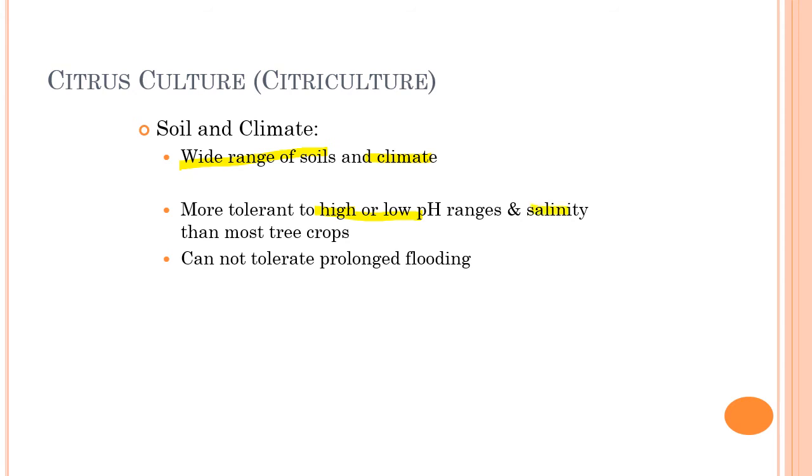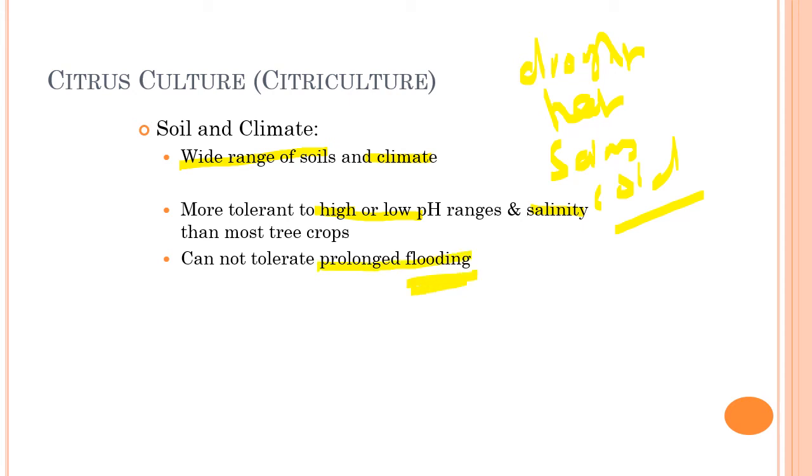They can also tolerate salinity more than any other crop. So they can tolerate drought, heat, salinity, cold. They are very versatile crops. The only thing that they don't like is staying in water for a long time. So they don't like flooding. They don't like too much water, but they can be very well adapted to these climates.